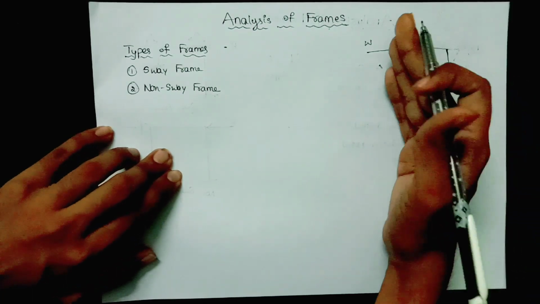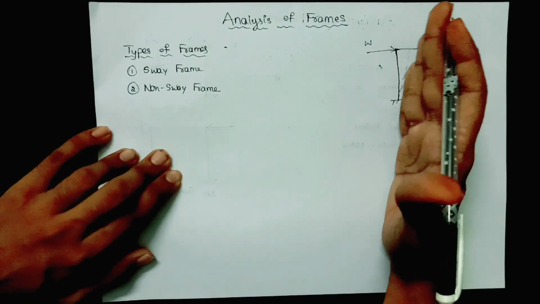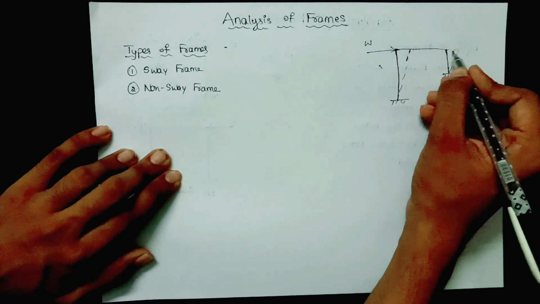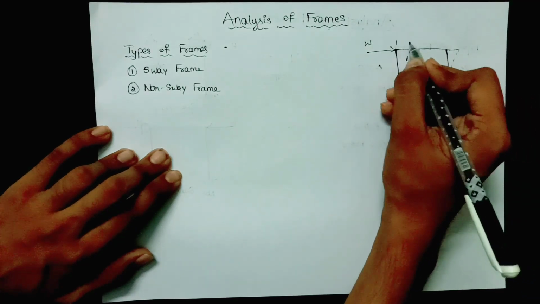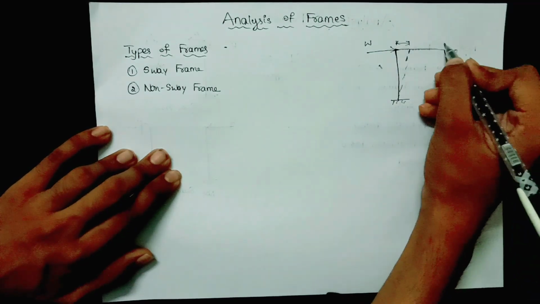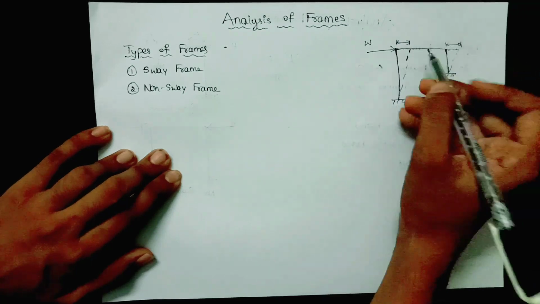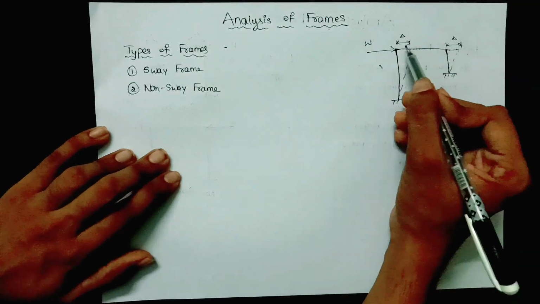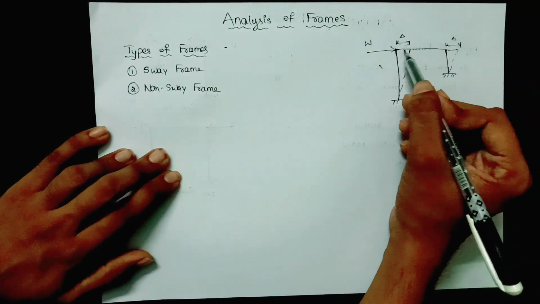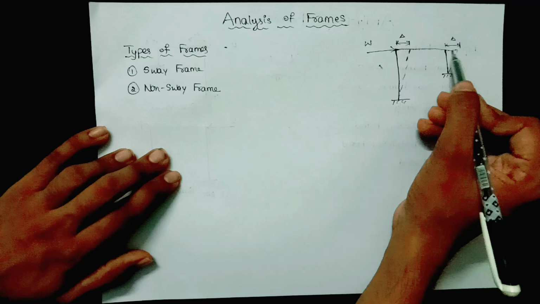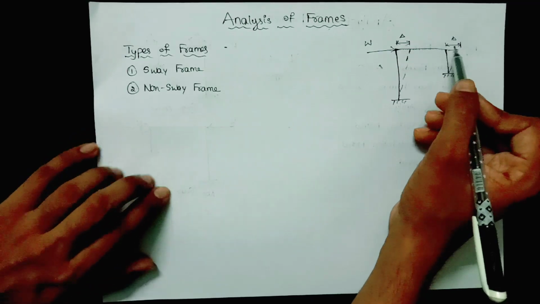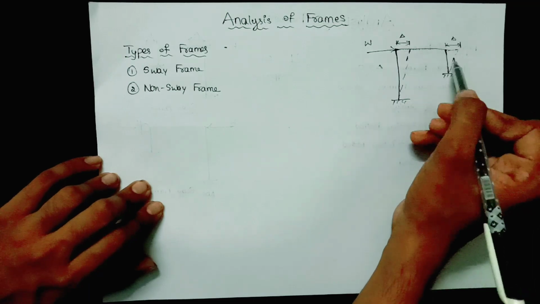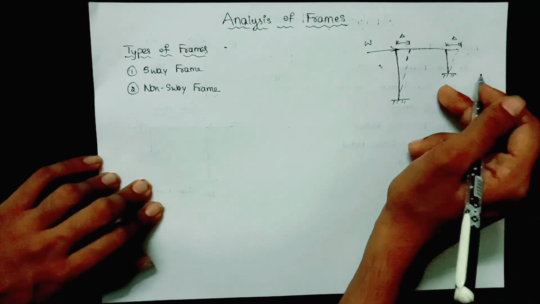Initially the column is in vertical position, now it tends to deflect to the right side. There is some deflection at this joint and this joint. Let the deflection be delta and this is also delta. By this I mean the deflection at this joint is equal to the deflection at this joint. Since there is deflection in these columns, this frame is known as a sway frame.